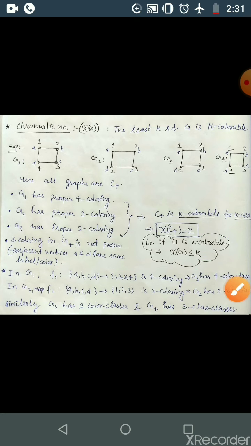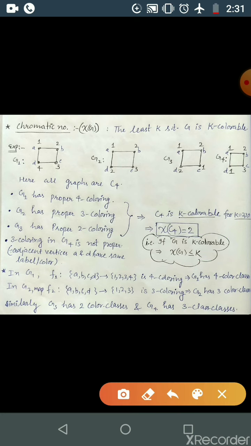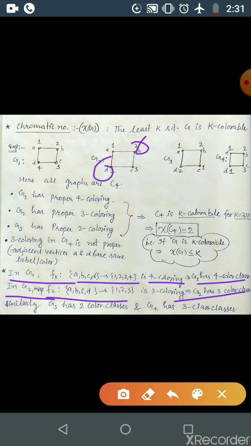Okay. And here I have just given you the maps or colorings. F1 is a 4 coloring. So 4 coloring means 4 color classes will be there, correct. Here in G2, the F2 map is a 3 coloring, and this has 3 color classes, and B and D, these 2 vertices, will be in the same color class.